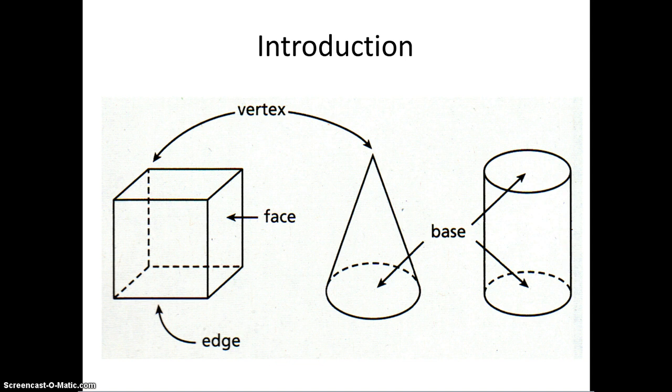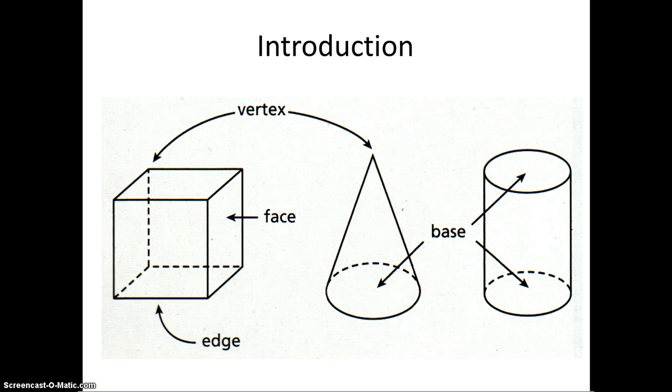Where these two edges meet would also be considered a vertex. For the cone, if you look right here, this would be called a vertex. And notice over here for the cylinder, there's no point you would really consider a vertex, where two edges meet in the same way as they meet here and here.